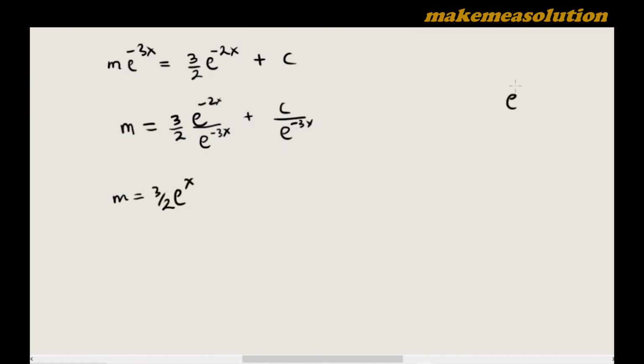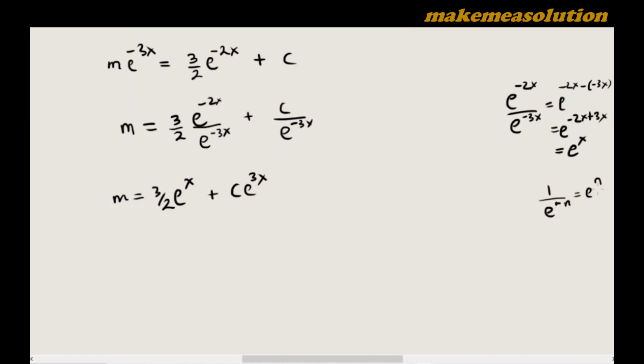So exponential minus 2x divided by exponential minus 3x, according to the law of indices, is exponential minus 2x minus minus 3x, and this is exponential minus 2x plus 3x, which is exponential x. Okay, so you have plus c exponential 3x. So the law of indices is 1 over e raised to the power of minus n is equal to e raised to the power of n. Okay, so this is m.